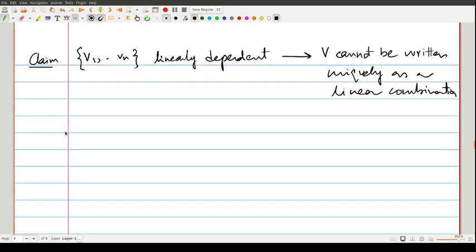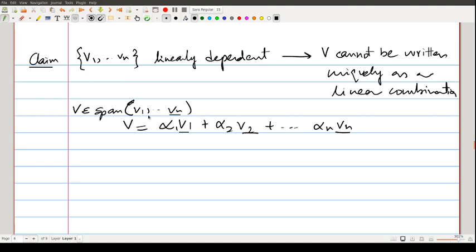So let's start from a linear combination. Let's suppose we have some linear combination V equals alpha 1 V1 plus alpha 2 V2 plus dot dot dot alpha n Vn. Let's suppose we have this linear combination, a representation of V, because V was in the span of V1 to Vn.